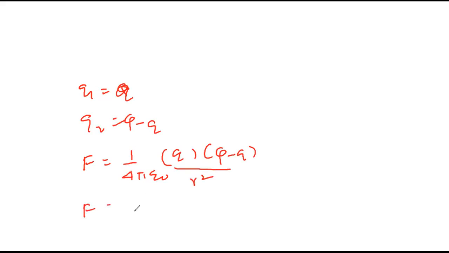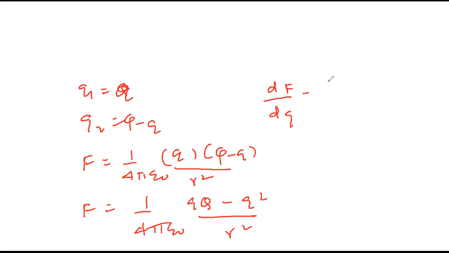So this becomes 1 upon 4 pi epsilon naught times (Qq minus q square) upon R square. So take the derivative of force with respect to charge q. 1 upon 4 pi epsilon naught R square is constant. Derivative of this Qq with respect to q: capital Q is constant.